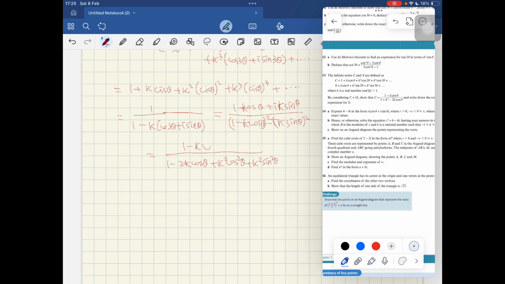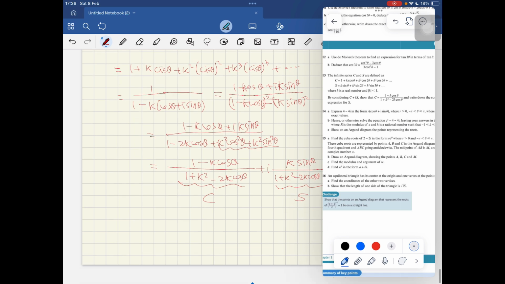So it is 1 plus k squared minus 2k cos theta. So (1 minus k cos theta) over (1 plus k squared minus 2k cos theta) plus i k sine theta over (1 plus k squared minus 2k cos theta). Therefore, this is C and this is S.